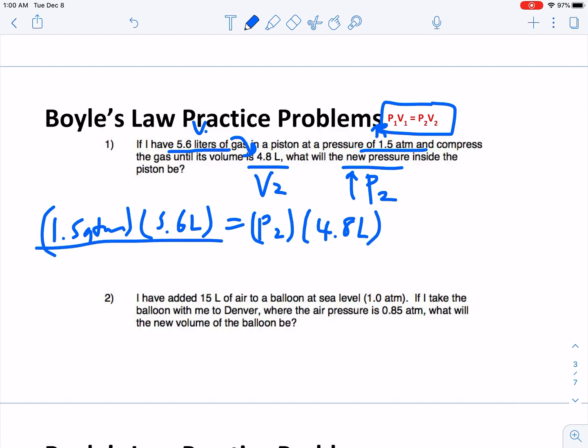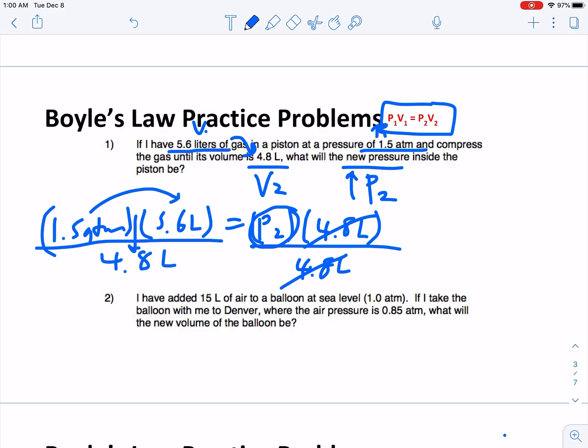And again, just going to divide both sides by 4.8 liters. So those will cancel out, and we're just left with P2. And now we got 4.8 liters over here. So I just solve for that. 1.5 times 5.6 divided by 4.8. And I find that my P2, and again, you'll notice that liters will cancel out. You're left with the unit atmospheres.